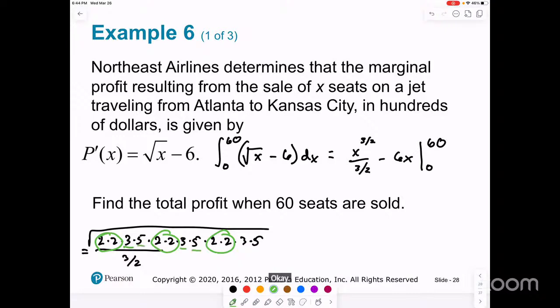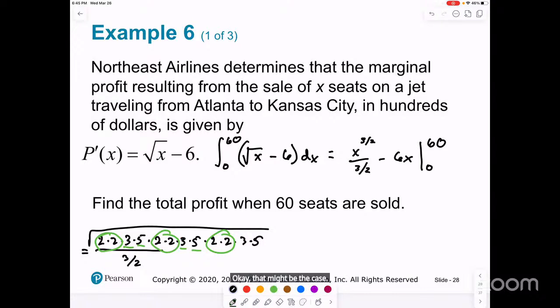So let me see. 4, 16, 64. Is that an 8? 8 times 3 times 5. Is that right? Why does that feel too big? 8 times 3 times 5. 8 times 5 is 40, so 120. Okay, that might be the case.